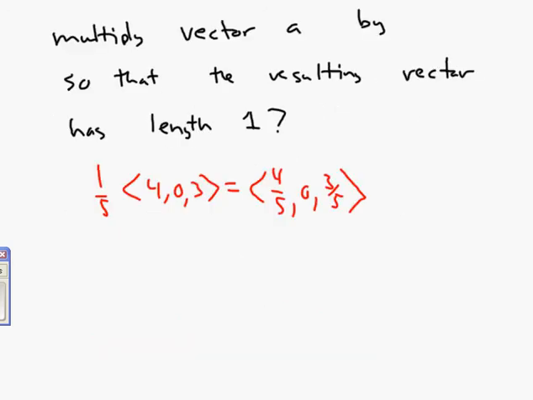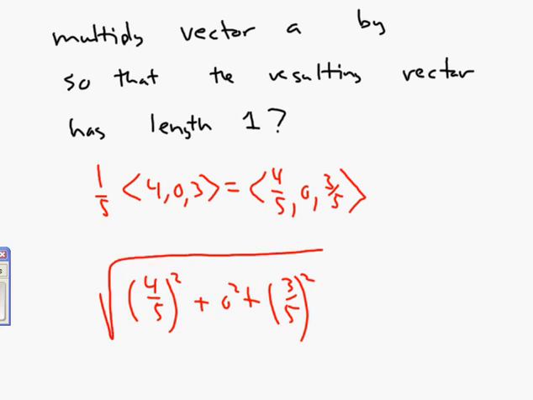We can verify quickly that it has length 1. You get the square root of 4/5 squared plus 0 squared plus 3/5 squared, which is the square root of 16 over 25 plus 9 over 25, which is just the square root of 1, which is what we wanted. This thing turned out to have the length we desired.